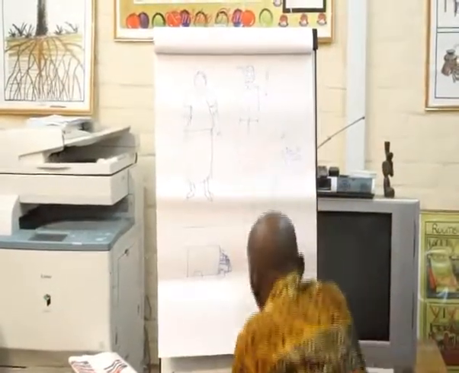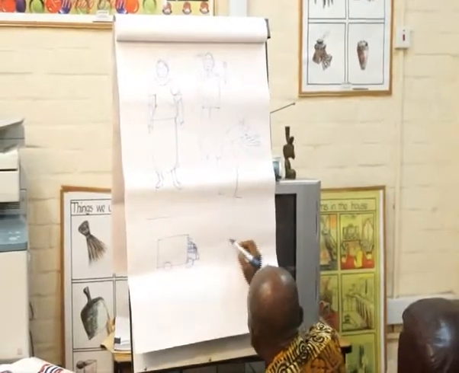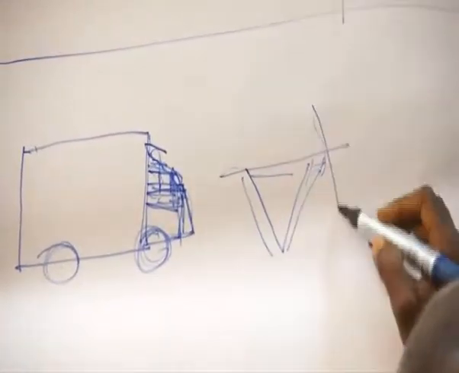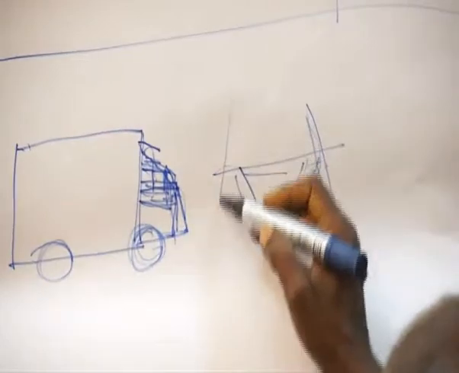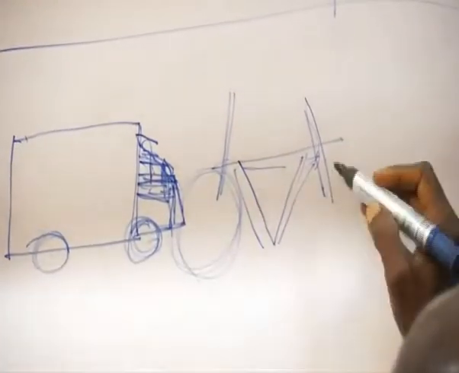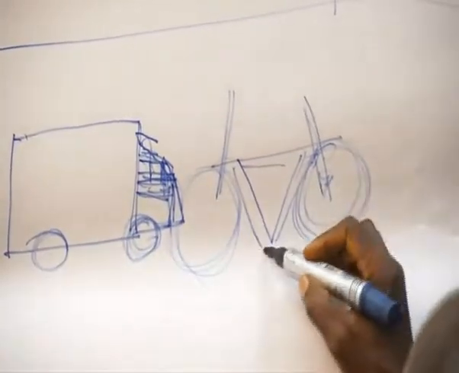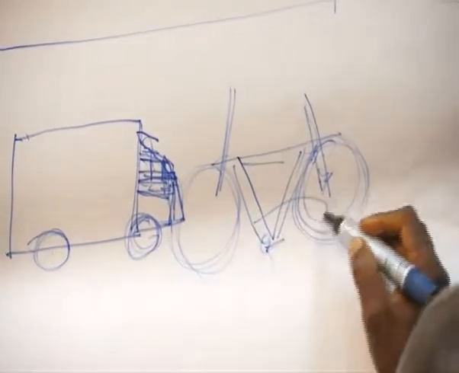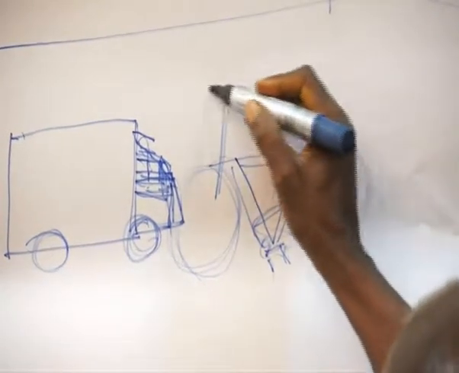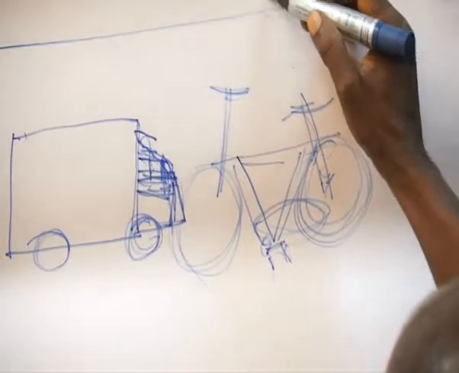Bicycle, triangle, then the seat, the controlling wheel, circle here, a circle here, then maybe the pedal here, and then the chain to power it. Then the man riding it.